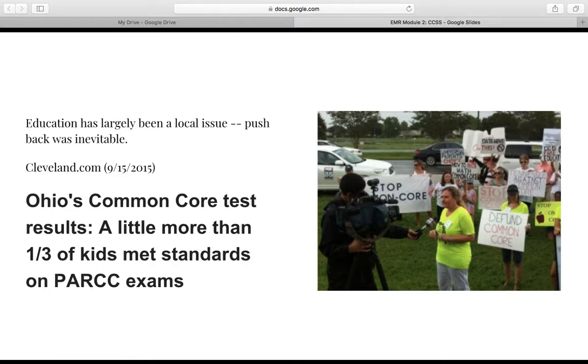I think it was 42 states that had signed on to be Common Core states, but in 2014, when they agreed to the testing regimen, that's when things really became difficult, because voters and parents were waking up to headlines such as this one from Cleveland.com that talked about how many more students were being assessed as not having met the standards on some of these national exams, such as the PARCC exam. And so this created some pushback and some political headaches for educators.